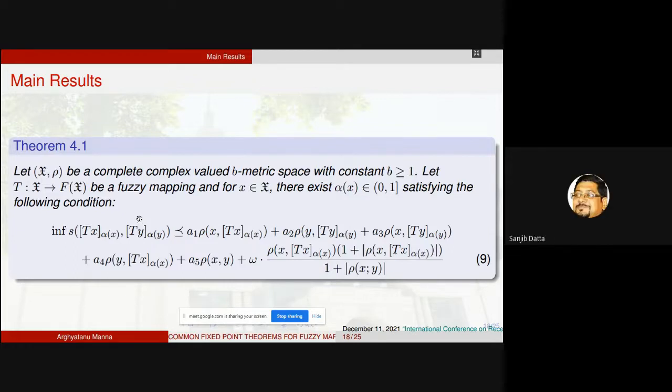This one, (X, ρ). X may be a complete complex valued geometric space. Is X a specific set? No, sir, X is any set. I use this notation. Then define the completeness in a fuzzy metric space. In what sense is it defined? Complete in a metric space: X is complete in a metric space if every Cauchy sequence in X is convergent in X. Okay.